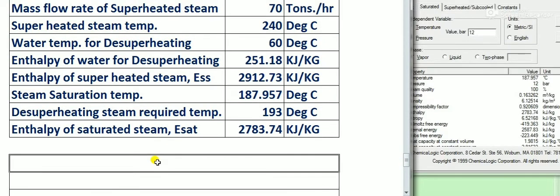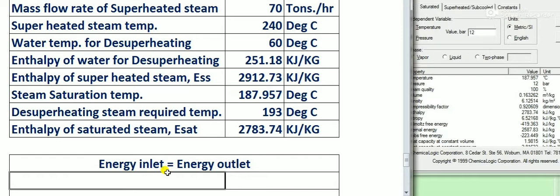Next, as we said, energy at the input is equal to energy at the output. Energy in is equal to energy out. Enthalpy into mass flow rate, if we multiply it, gives energy per hour.